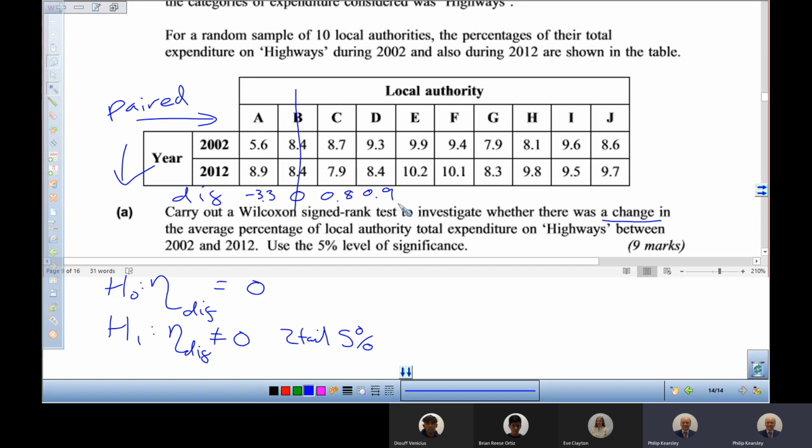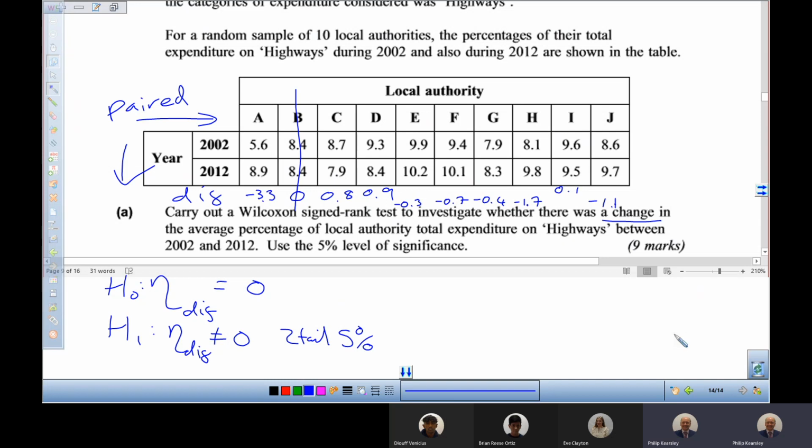Do you want to complete that first? Check those for me and tell me if you disagree.